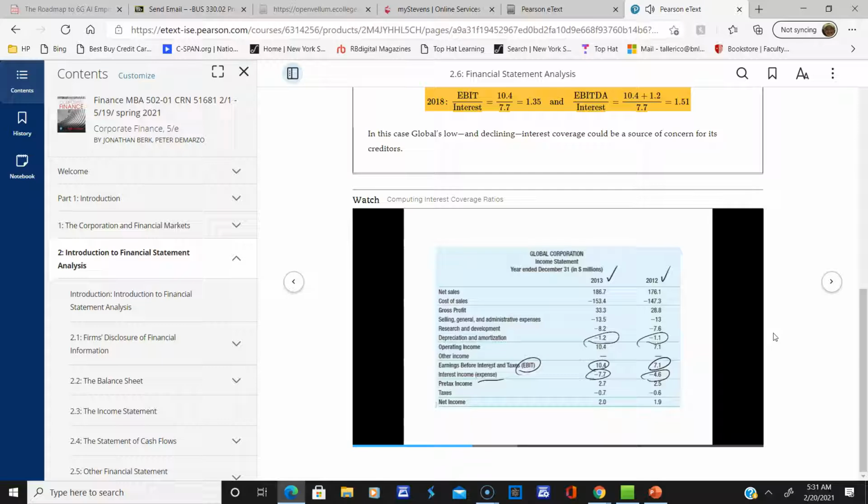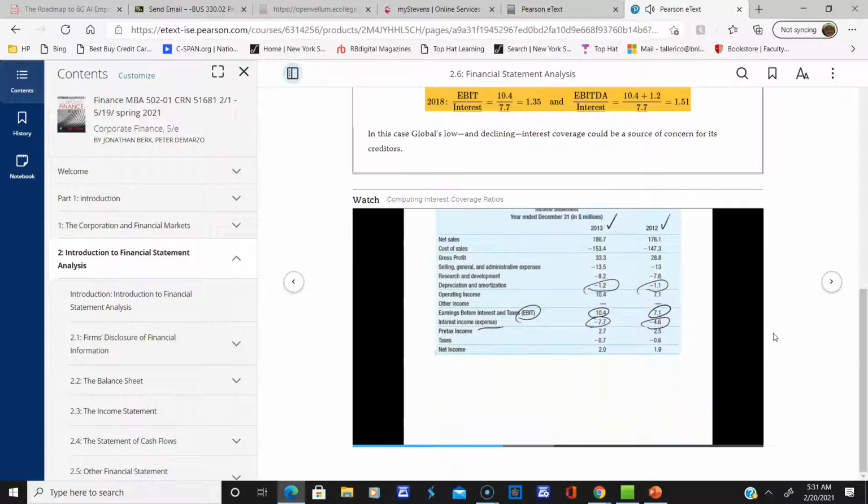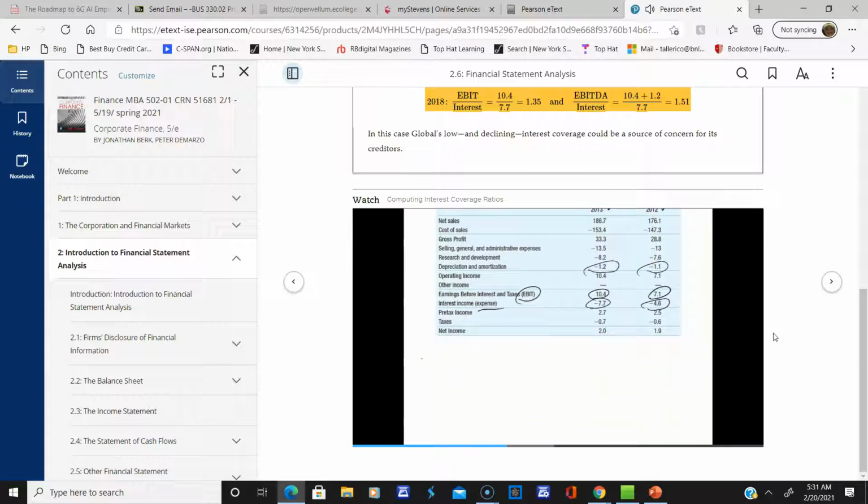So the difference between earnings before interest and taxes and earnings before interest, taxes, depreciation, and amortization is just adding back the depreciation and amortization.